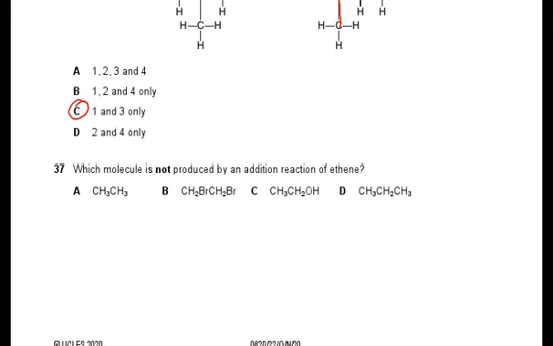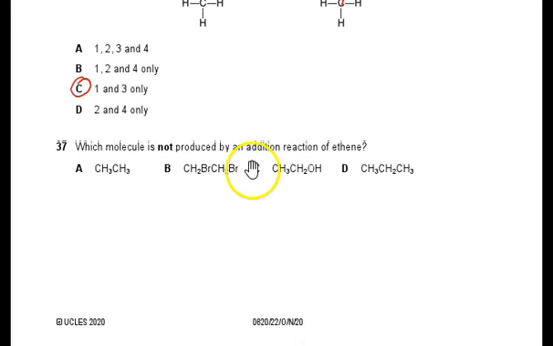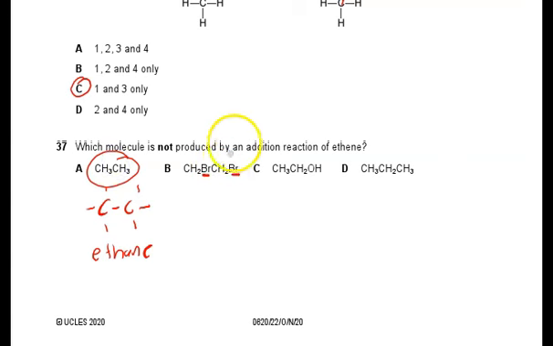Okay, now which molecule is not produced by addition reaction of ethene? So now look at here. Here it is basically not even ethene, it's ethane. Okay, if you look at here, it's the same as this, it's just being replaced with a bromine. And here they have OH, addition.